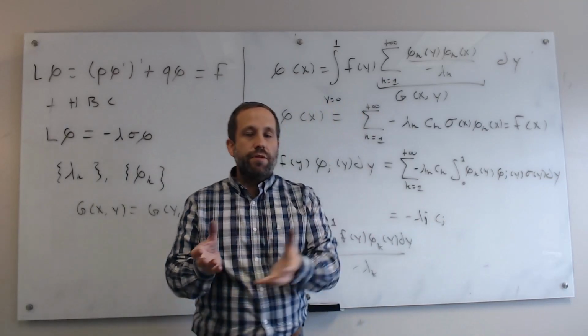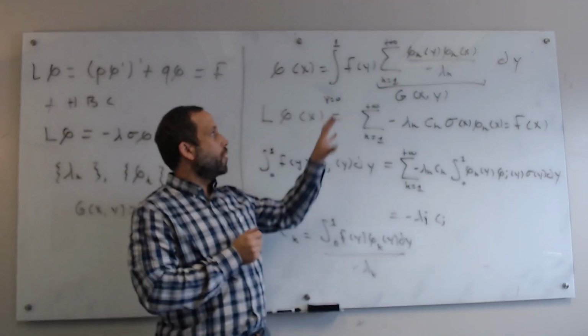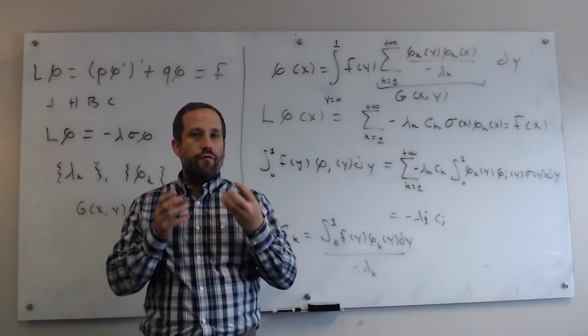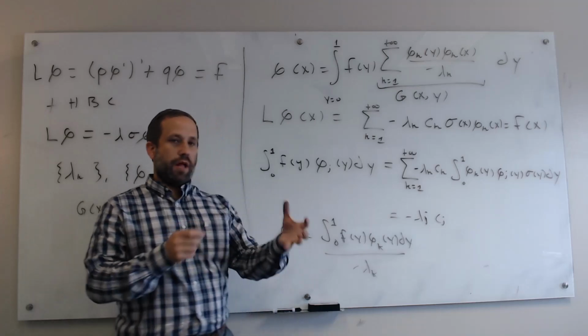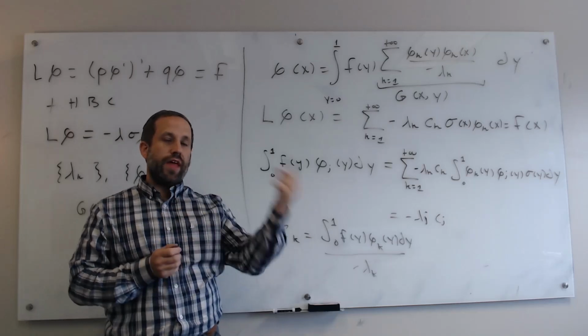But that's not an explicit formula. We don't know what that sum is equal to. In the next video, we're actually going to get an explicit formula for g of xy, where you can just plug in the x and the y value, not something that's in terms of a series. So we'll do that in the next video.